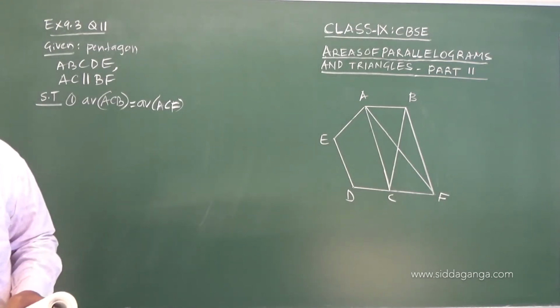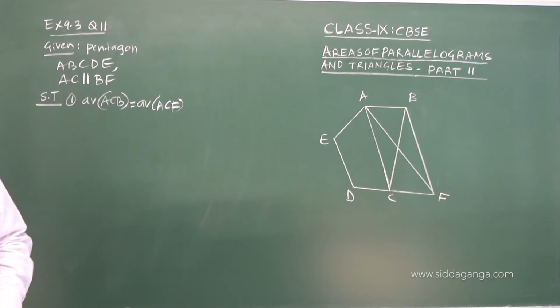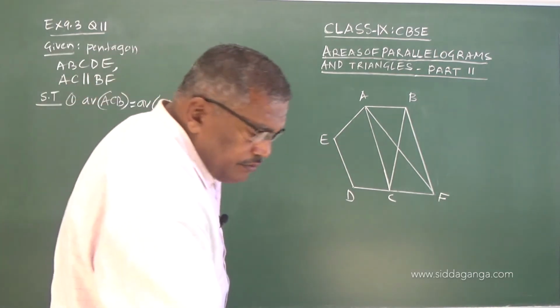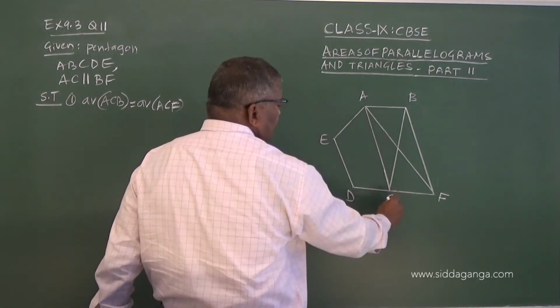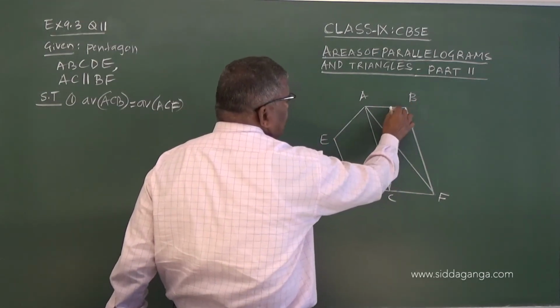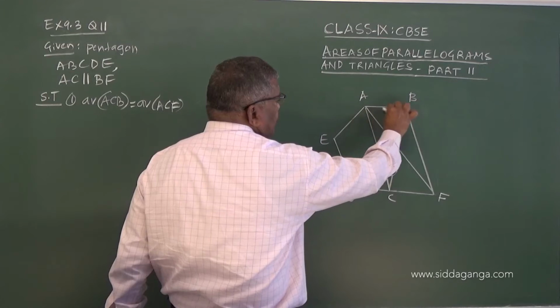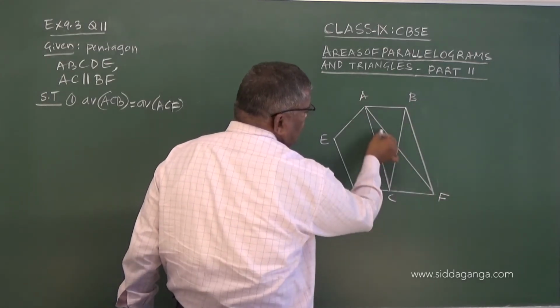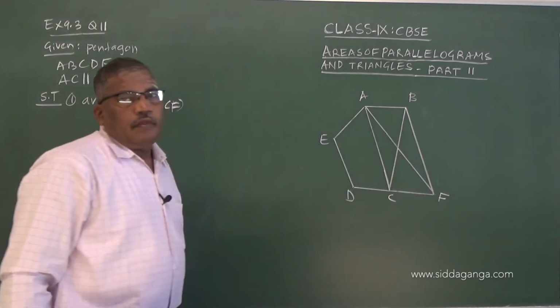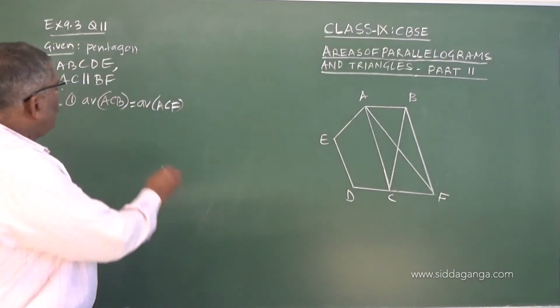So, observe the figure now. ACB is this triangle and ACF is this triangle. So, we have to prove this.